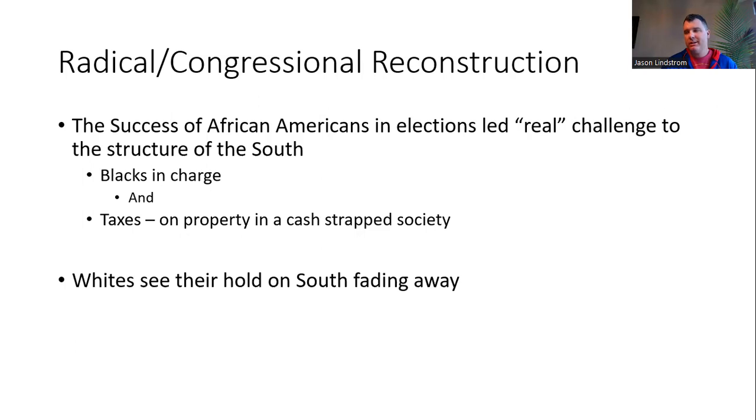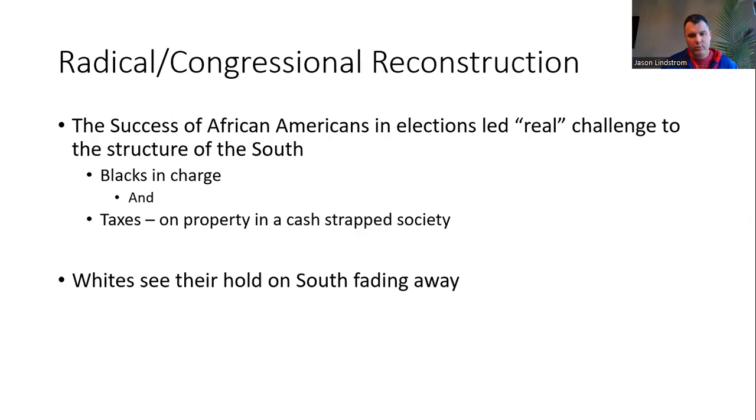And this is a huge change, and it's a huge problem for the South, because just like before the Civil War, the South is a cash-strapped economy. There's not a lot of liquid money in the South. A lot of it's tied up into homes and land and those types of things. It's not a cash rich economy, and so whites don't have the money to pay those taxes, and that's problematic.